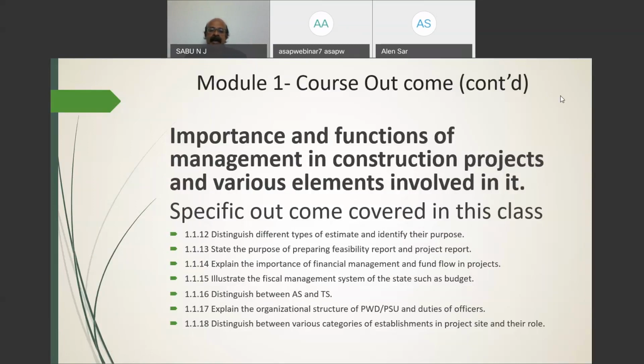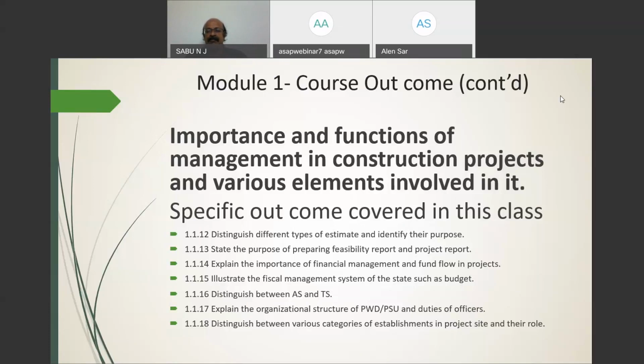Each type of estimate has its particular purpose. All of you know that we have to submit the feasibility report, and after getting formal acceptance, we have to prepare the detailed investigation report or detailed project report. So these two types of estimates will be discussed here.